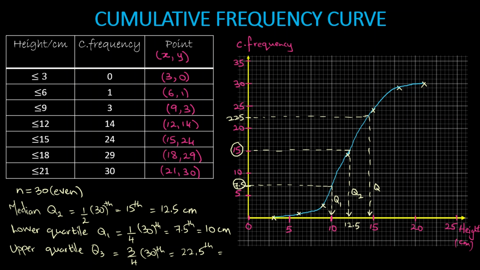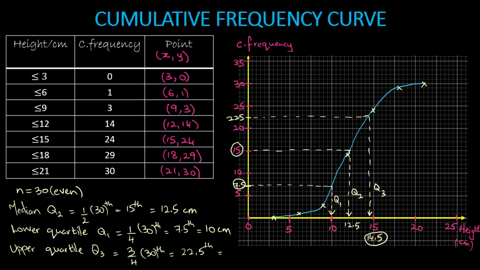This value will give us the upper quartile, which is 14.5 approximately, right? So this value is 14.5, Q3.